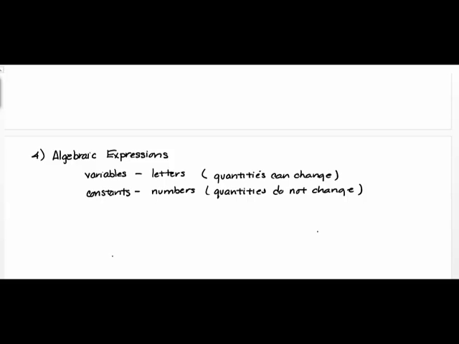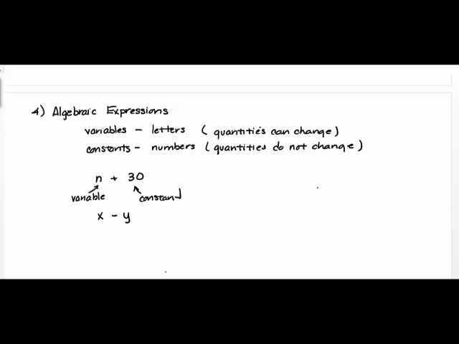So I might have an expression like this, n plus 30. Right, this is a variable, and this is a constant. I might have x minus y. Both of those are variables. Right? 3w.